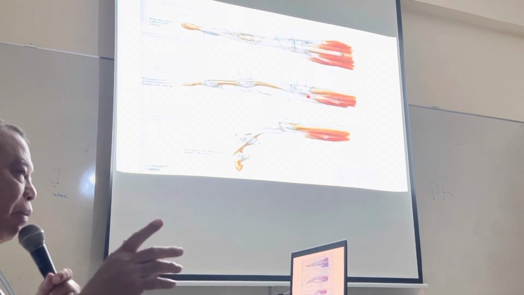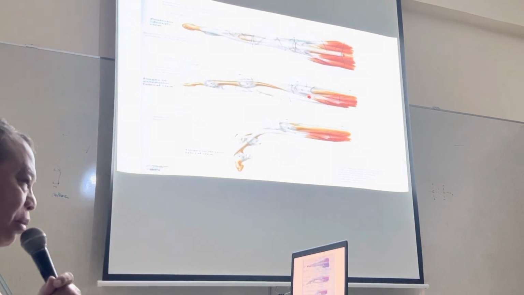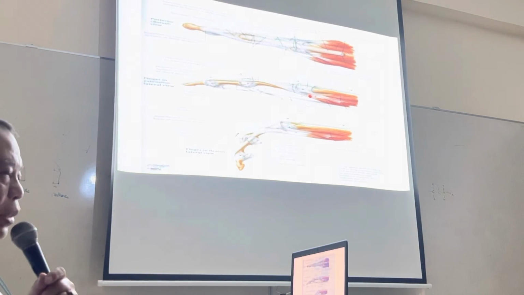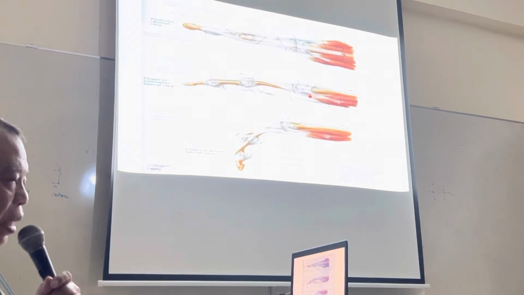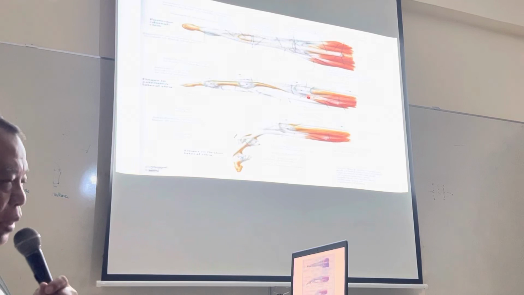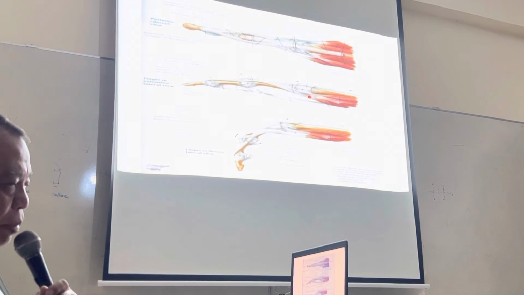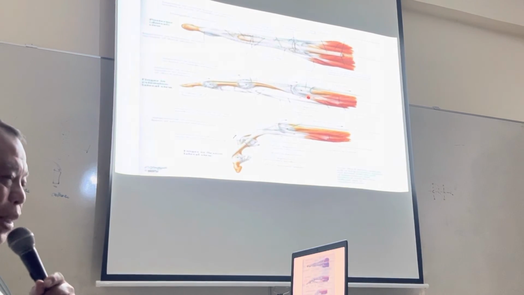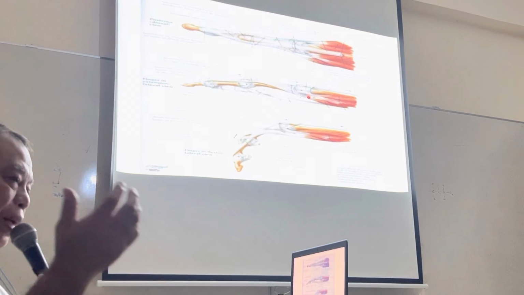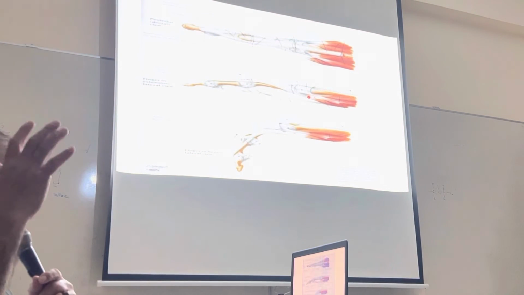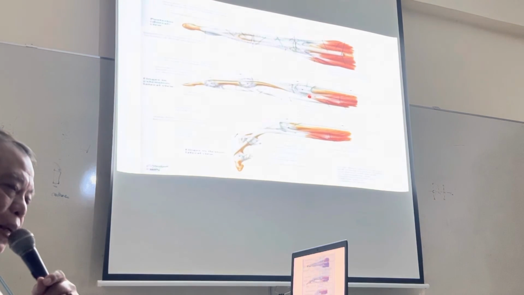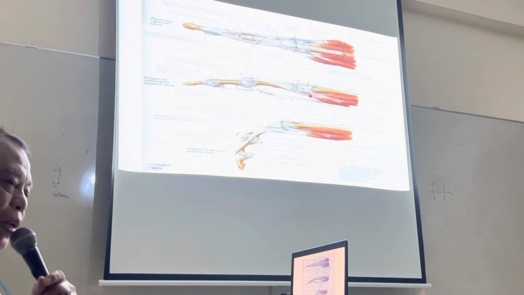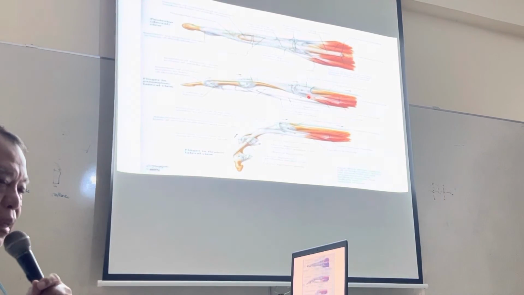Because if you have an injury, by the way, these lumbricals and especially the interossei are supplied by what nerve? The lumbricals on the palmar aspect: the median nerve will only supply the first and second lumbricals.